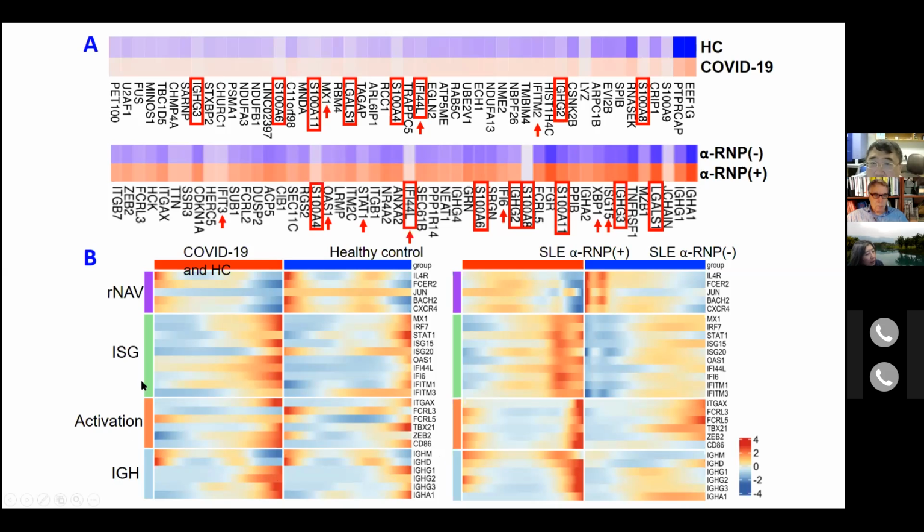IL-4 is slightly lower in COVID-19 compared to healthy. The resting naive genes are lower in general. But the interferon signature genes are all upregulated in the patient. And this is the DN2 gene, also upregulated. So this is the COVID-19 pattern versus healthy.